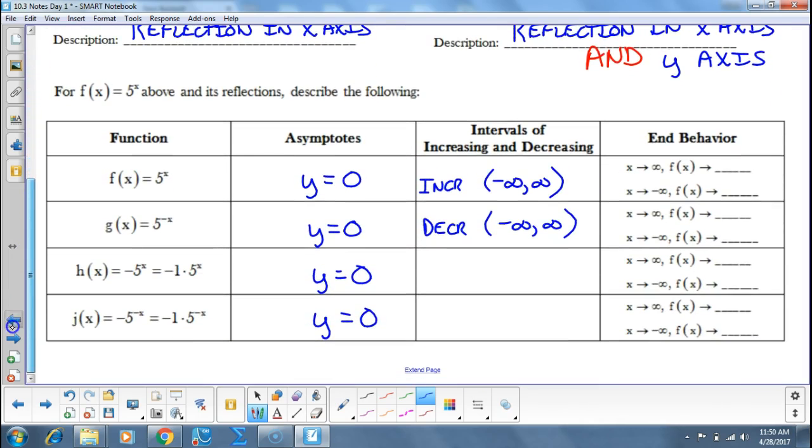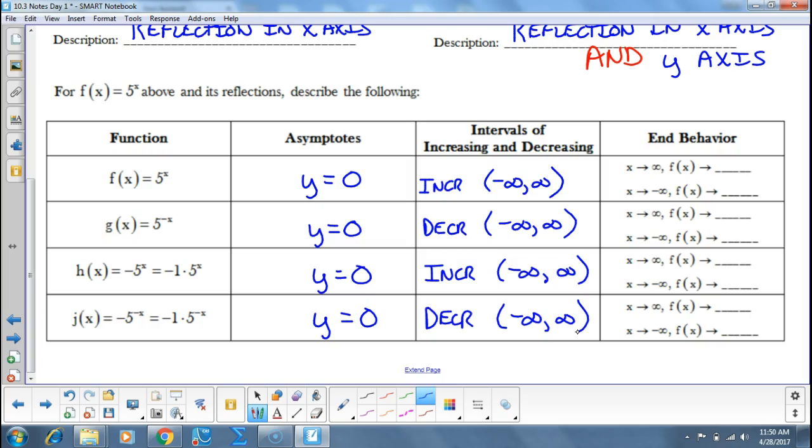It looks like it's decreasing, but it is an increasing function because as we go farther out towards positive infinity, it's getting farther and farther away from the asymptote. And then this one is decreasing, again, on that whole interval.